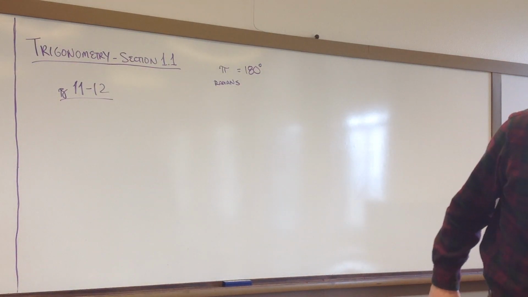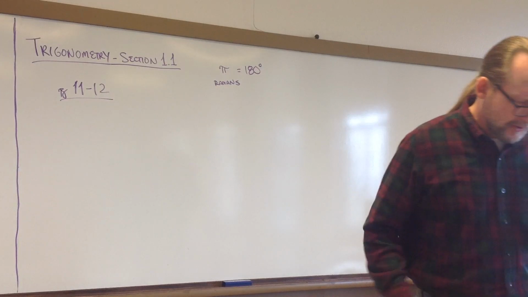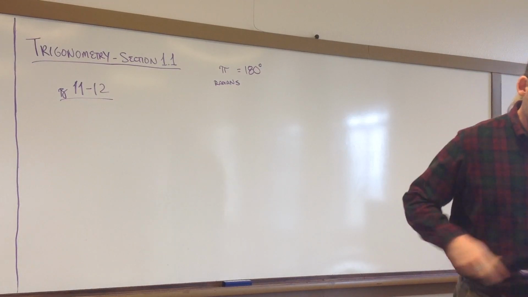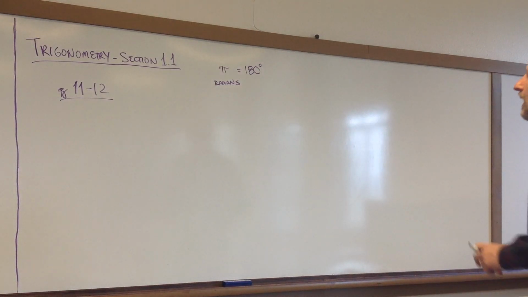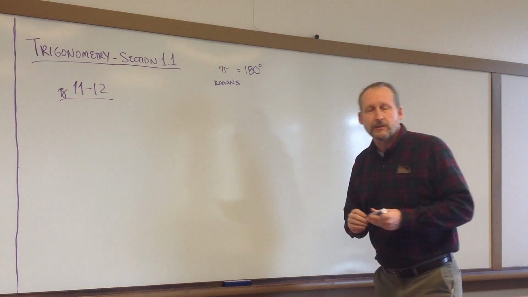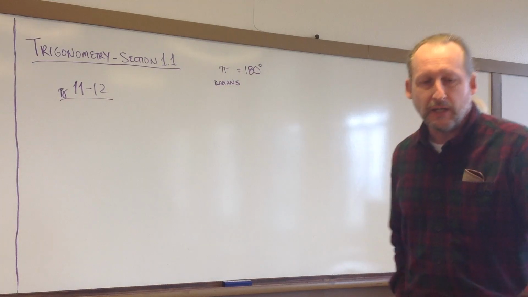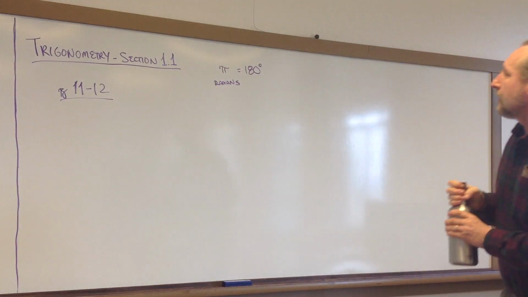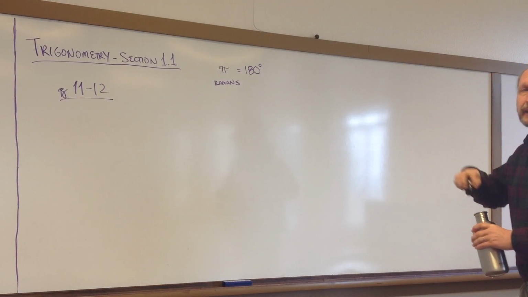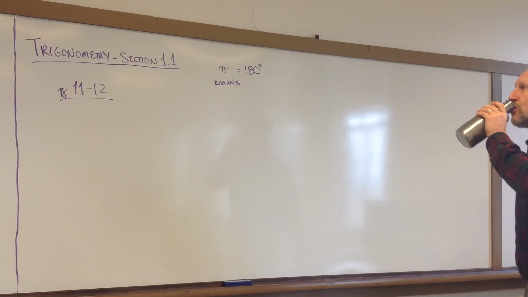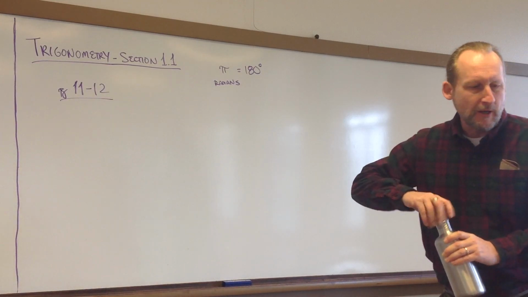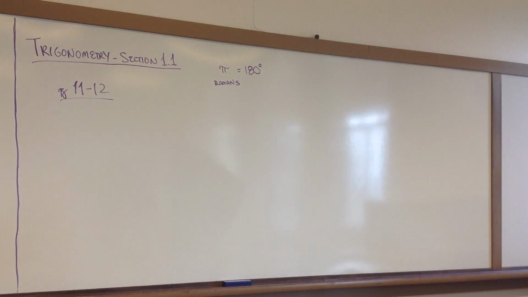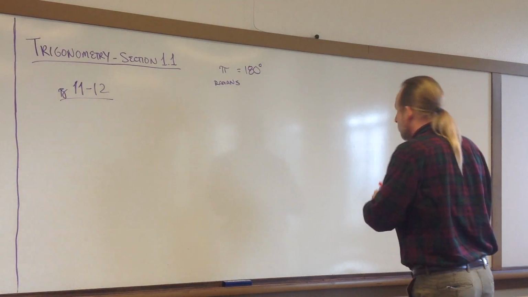Okay, let's see here. So we want to convert these angle measures from degrees into radians. Well, I'm not going to make you memorize this, but I do want to talk about it briefly because I think that it's helpful. Okay, so pi radians is 180 degrees.